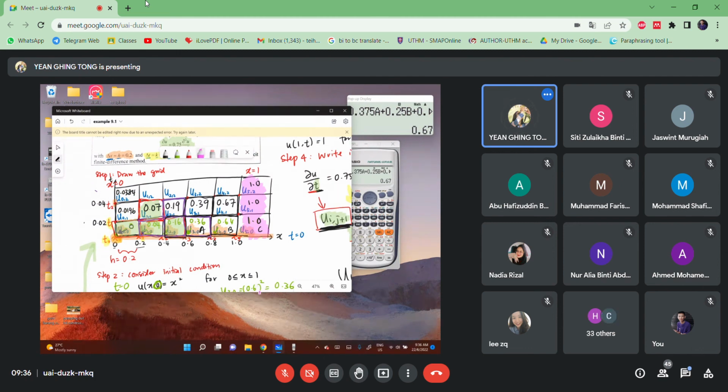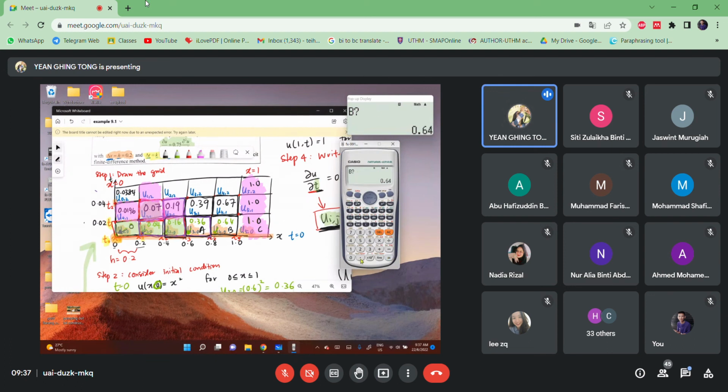Okay. Now I will find this value. So this one will be Uij plus 1. And then this will become my A. This is B. And this is C. Now what I want to do here is just key in the value and calculate. A is 0.0196.